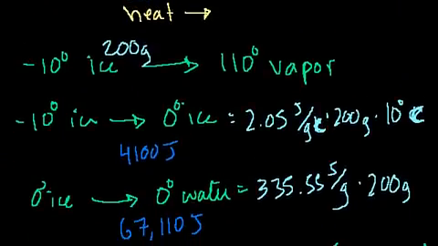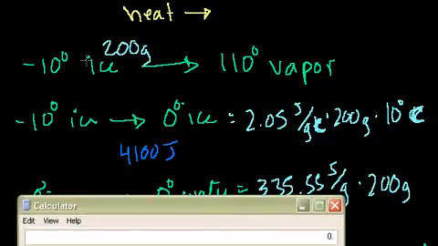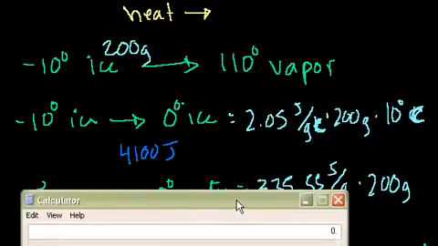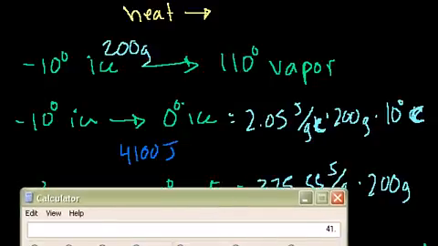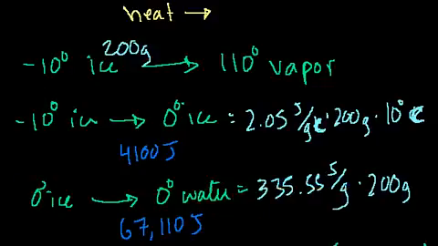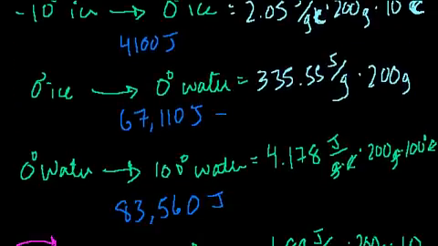To go from minus 10-degree ice to 0-degree ice, and of course we have 200 grams of it, it was 4,100, plus the 67,110, plus 83,560, that's to go from 0-degree water to 100-degree water. So we're at 154,000 right now, just to get to 100-degree water.